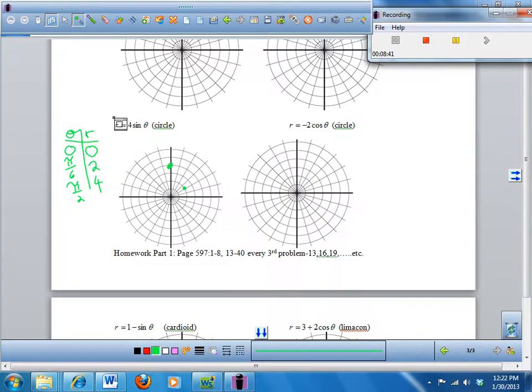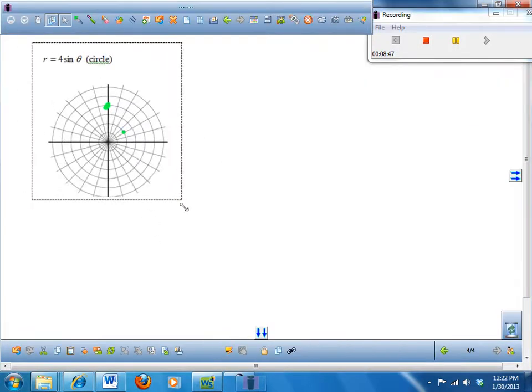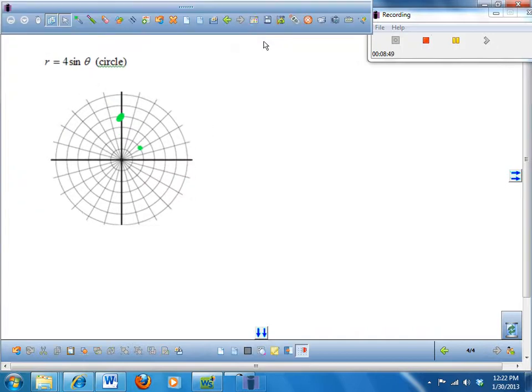Okay, so I'm going to grab this here, and I am going to change this equation into rectangular form. And I believe we did this yesterday with the class, but what you want to do with this is multiply both sides by r.